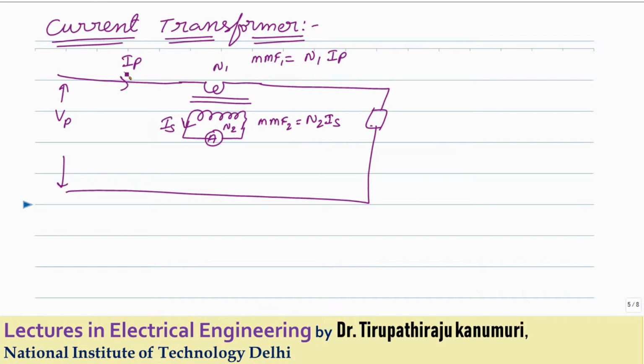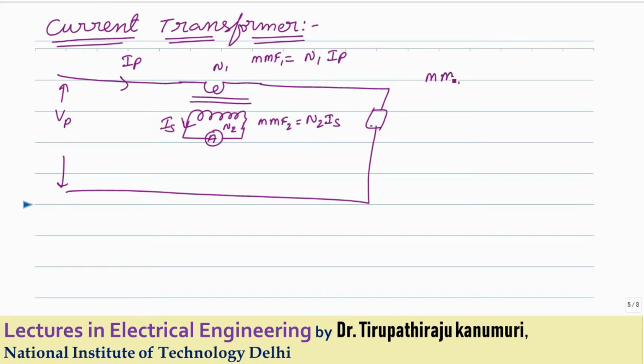Here you have to remember that the primary side current is not decided by the secondary side, because the primary current is decided by the load. This current cannot change while passing through the primary. So the primary MMF, N1 multiplied by IP, depends only on your load. As IP changes, accordingly IS will change in the secondary.